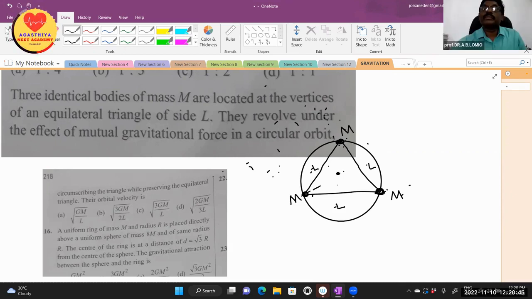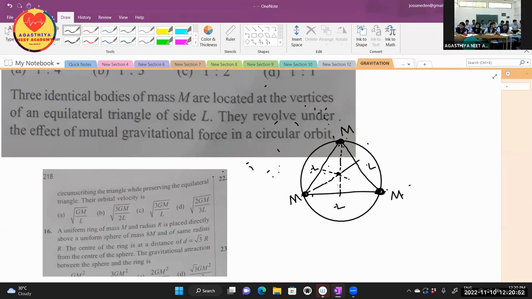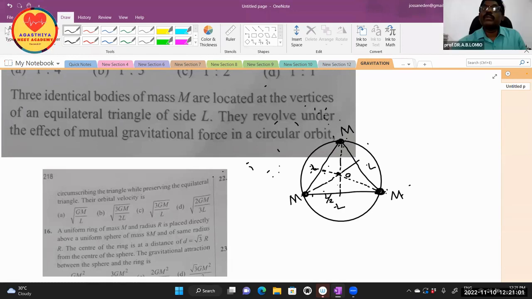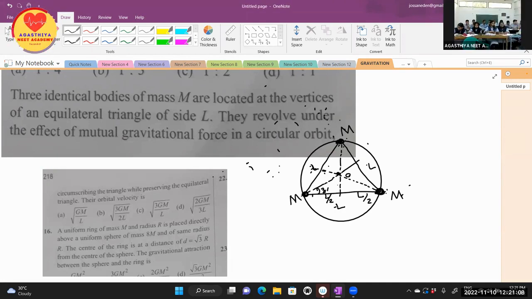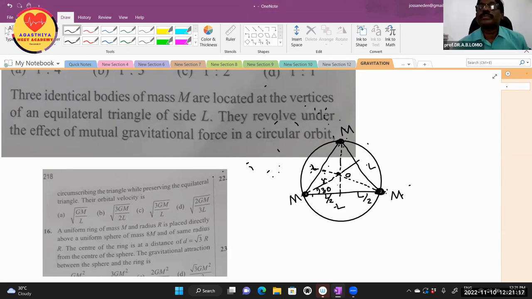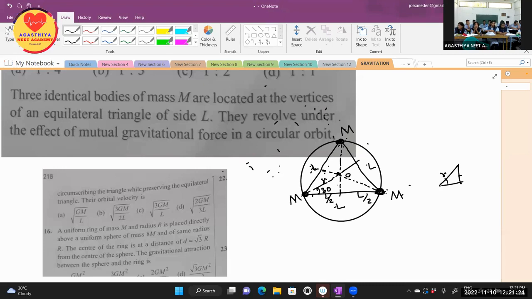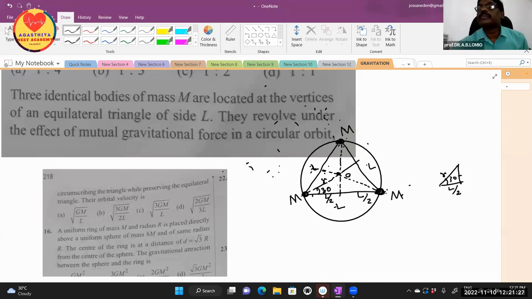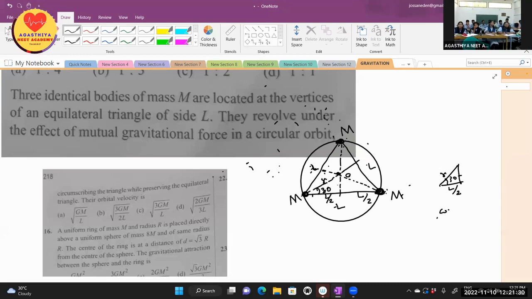Say this is the centroid. The distance is L by 2, and the angle is 30 degrees. Upon the radius, what will come? We have to calculate that. R at 30 degrees, this is L by 2. Will it be cos?